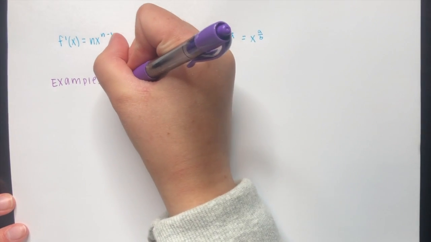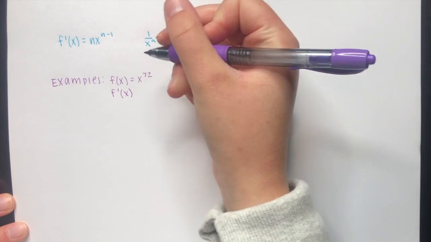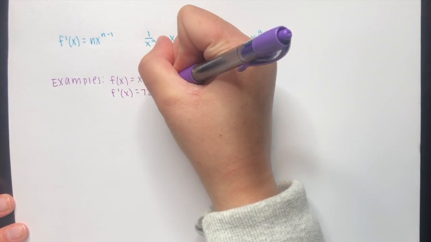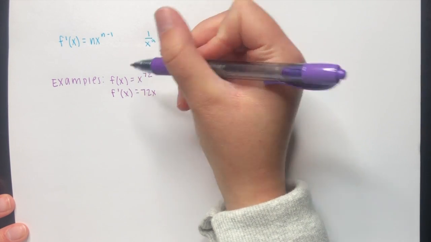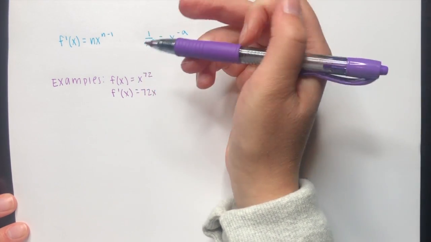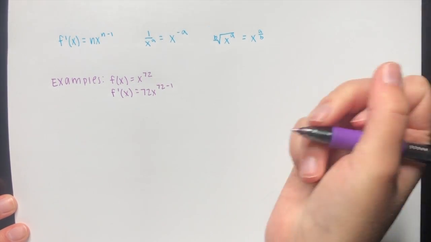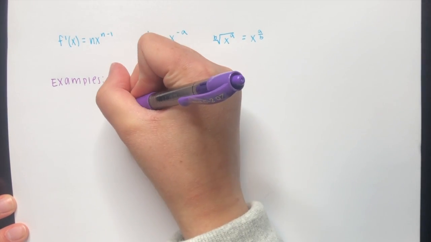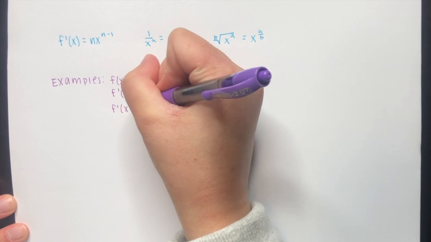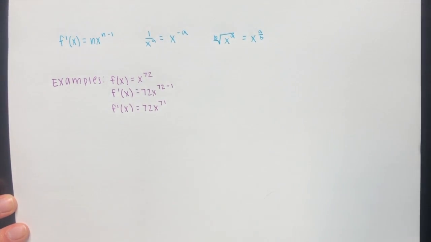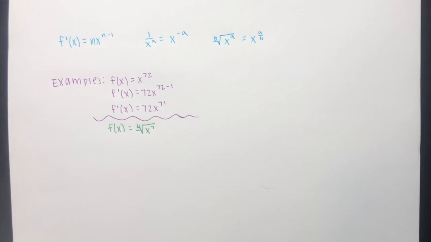So to find the derivative, we're going to do f prime of x is equal to 72x. Remember, we bring that 72 in front of the x like we see up here, to 72 minus 1. And then we'll go ahead and simplify that to say that f prime of x is equal to 72x to the 71st.